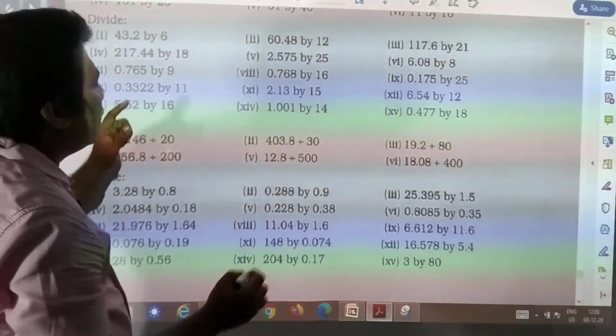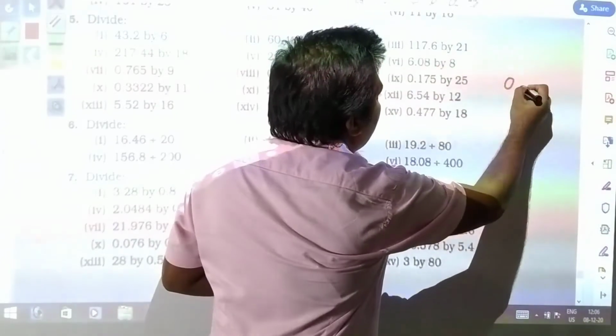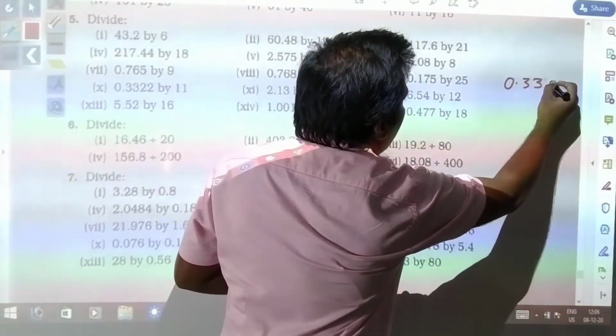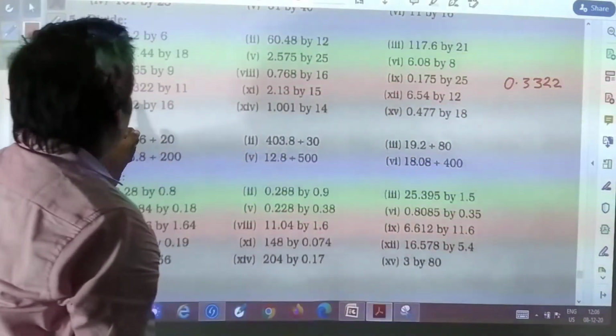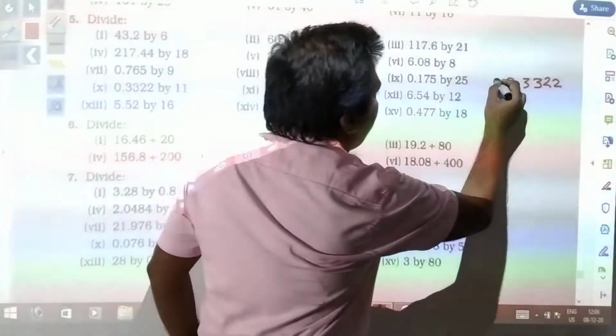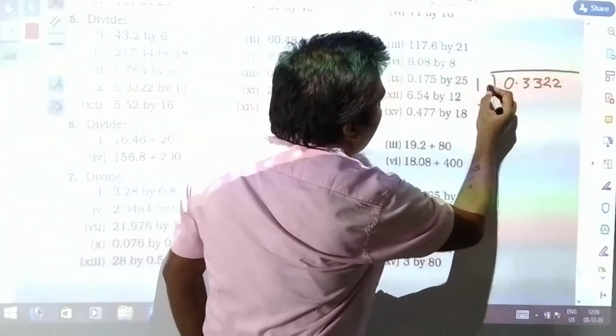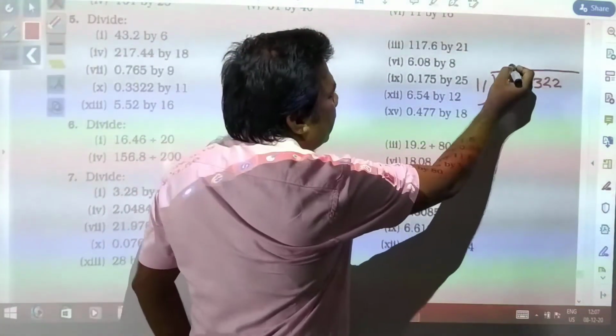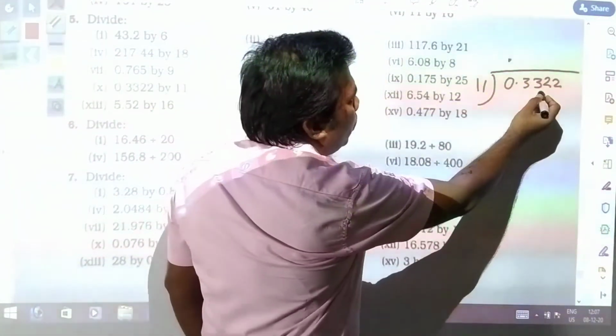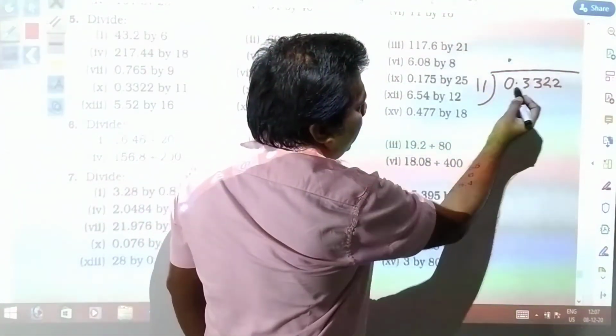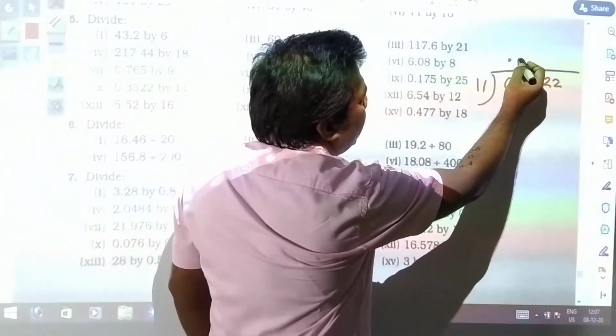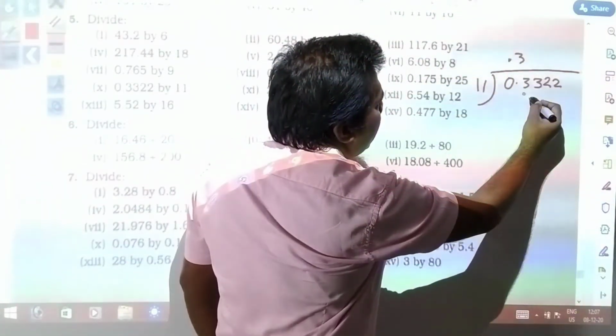Suppose we are taking 0.3322 divided by 11. Here you see decimal you have, decimal will put, 2 digit you have 33. So 11 3 ja 33.